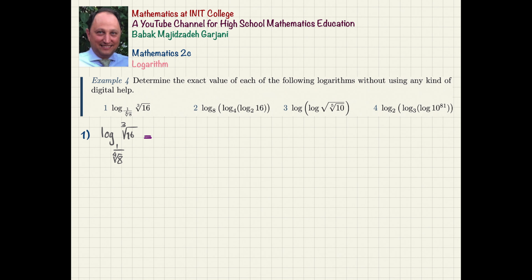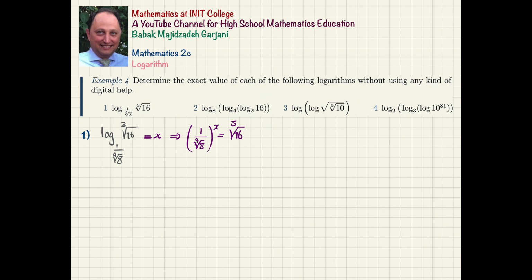I will call it x, then this means that this number raised to this power will give me this. So 1 over the fourth root of 8 to the power of x is equal to the third root of 16.